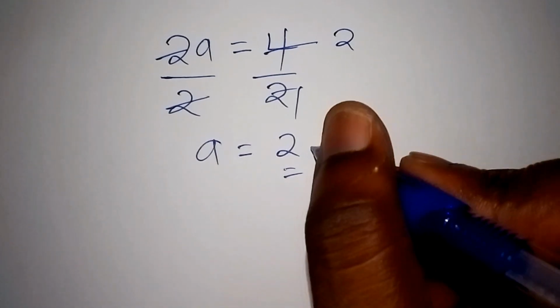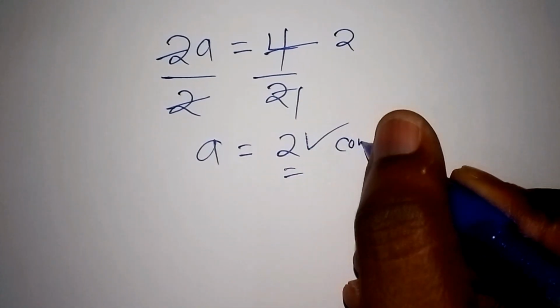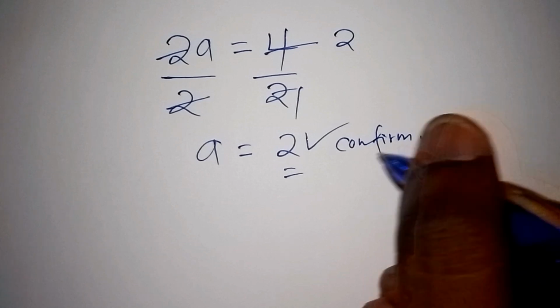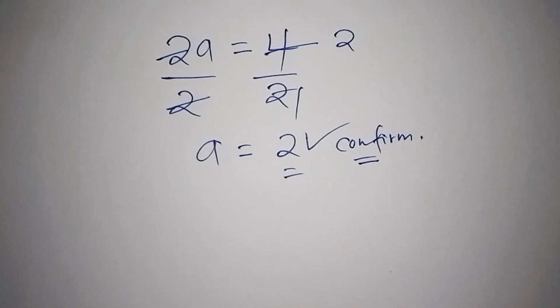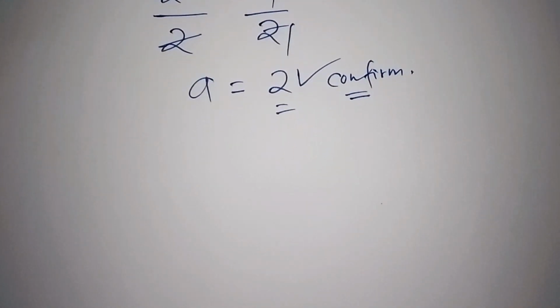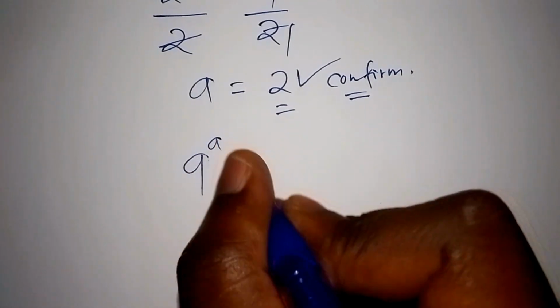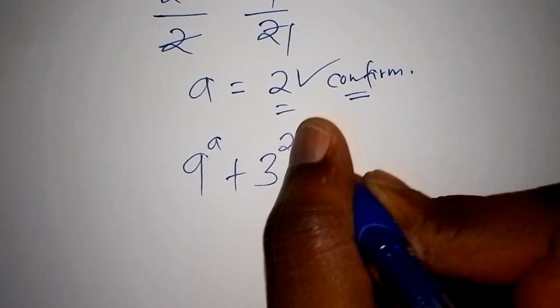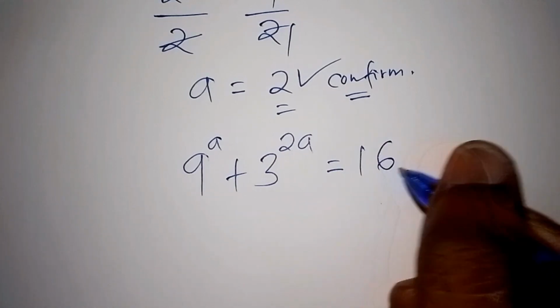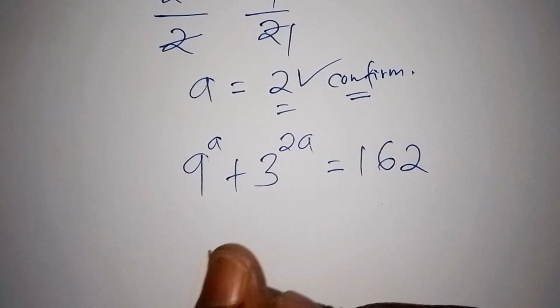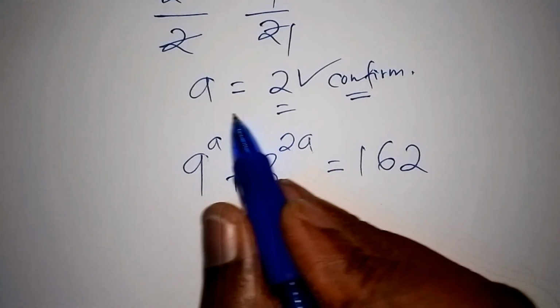Let's now confirm and verify if it is true. This is the answer. So let's now have our equation. Our maths problem was 9 to the power of a, plus 3 to the power of 2a, is equal to 162. Where is a? We shall write it with 2.